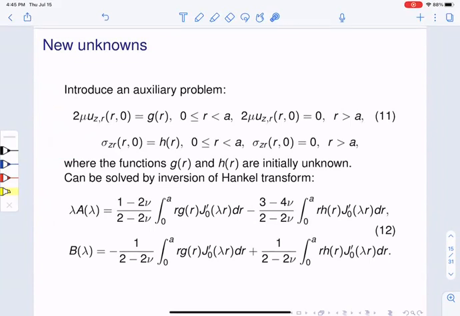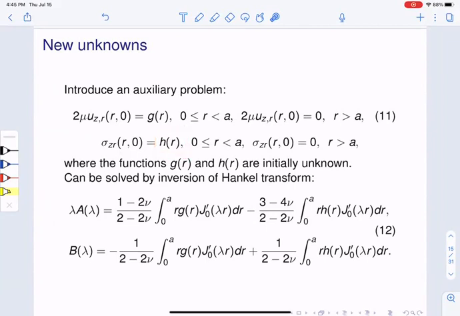I denote the derivative of displacement u_z inside of my penny-shaped crack of radius a by G of r. G of r is not something I know right away; it's just a function which denotes this derivative of displacements. And the same for the tangential stress sigma_zr inside of the crack: I denote it by some function H of r.